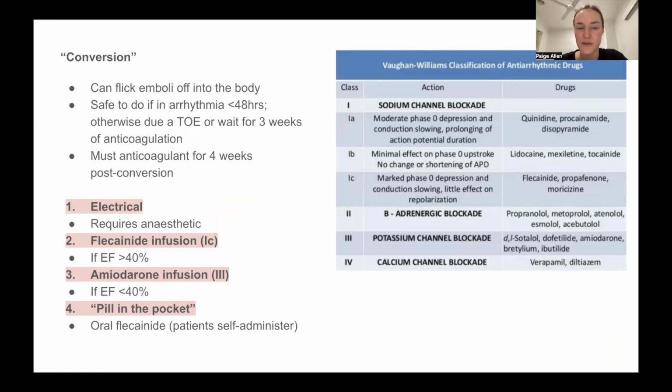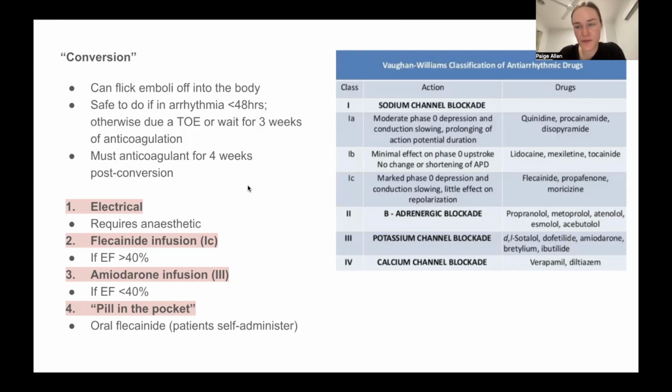But if it's been more than 48 hours, you have to do a transesophageal echo, a TOE, or wait until you've had at least 3 weeks of anticoagulation to be able to do the cardioversion. And then after any cardioversion, you must anticoagulate someone for at least 4 weeks.